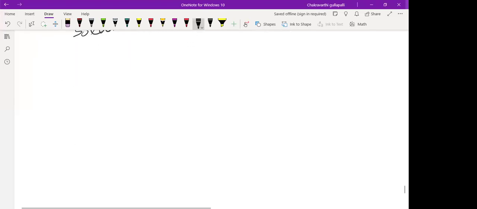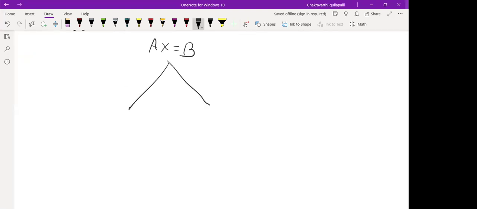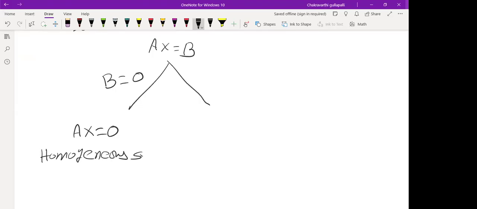Now, the question is how to solve for x. In order to solve, you should know the nature of the system. There are two types of systems. If B is 0, then Ax equal to 0 is called a homogeneous system.